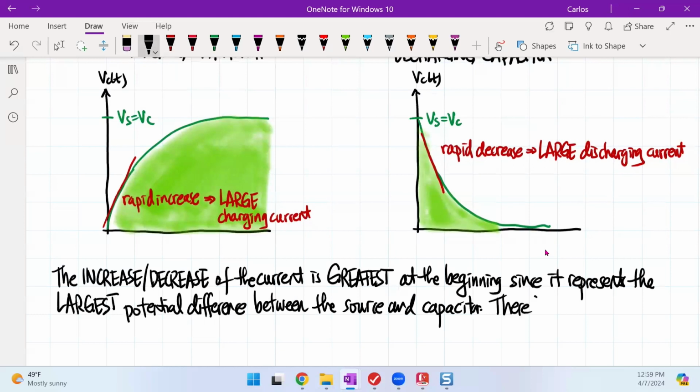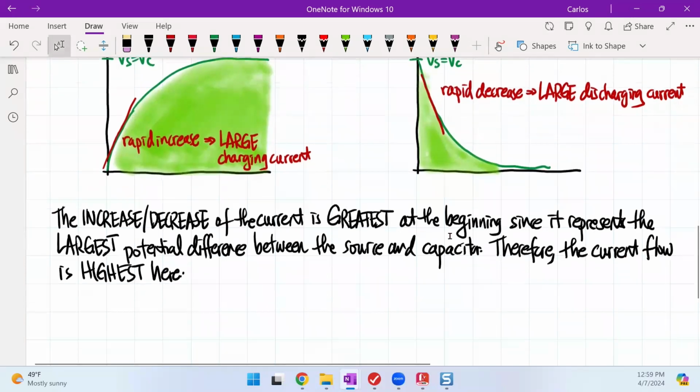Therefore, the current flow is highest here.